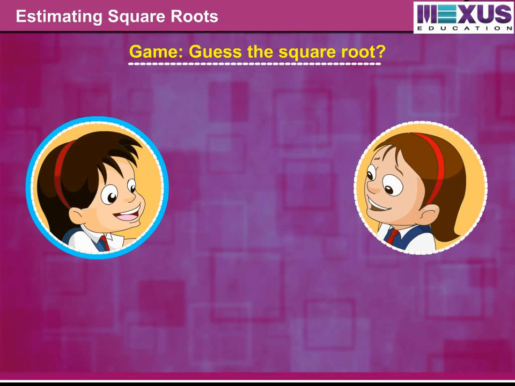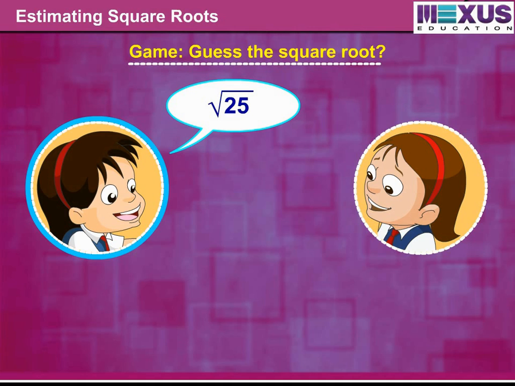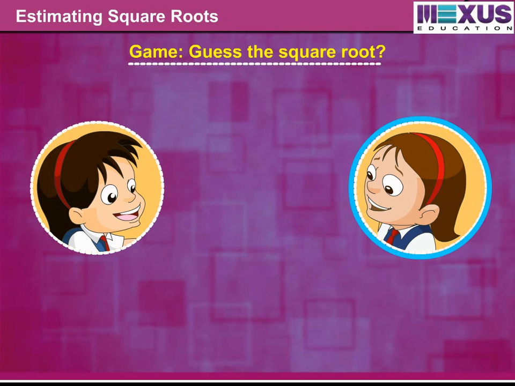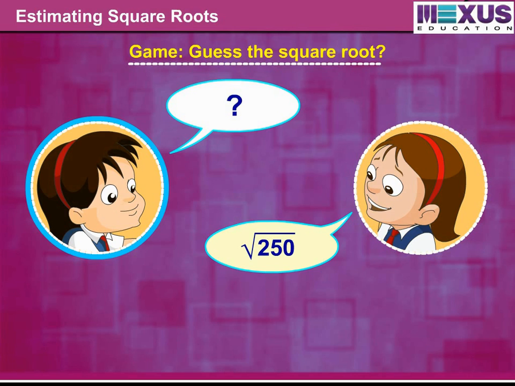One told a number and the other gave its square root. Sheila started first. She said 25, and Rita answered quickly as 5. Then Sheila said 81, and Rita answered 9. It went on till at one point Rita gave the number 250, and Sheila could not answer.